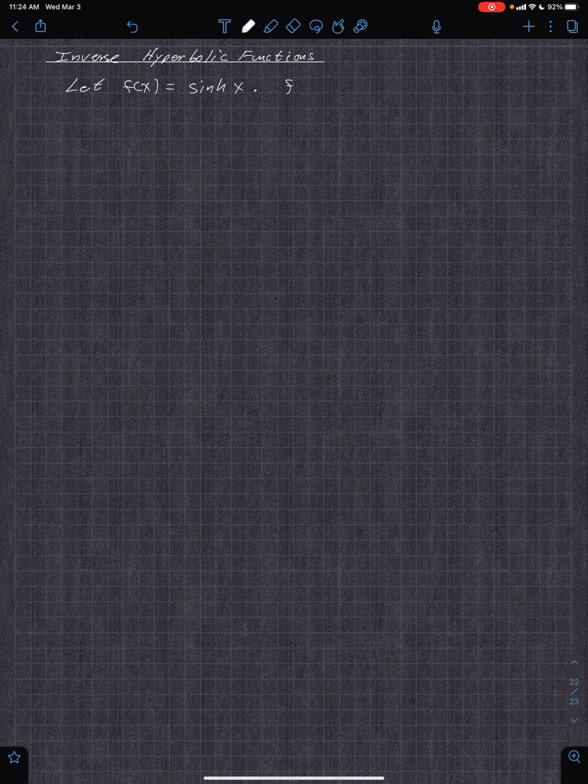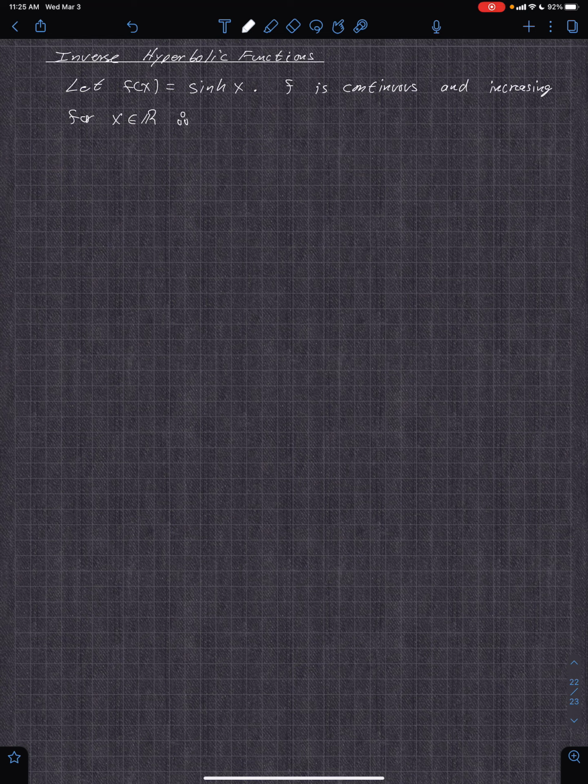So I'm defining f to be sinh. So f is continuous and increasing. It's e to the x plus e to the negative x, so it's always increasing for x in the reals.